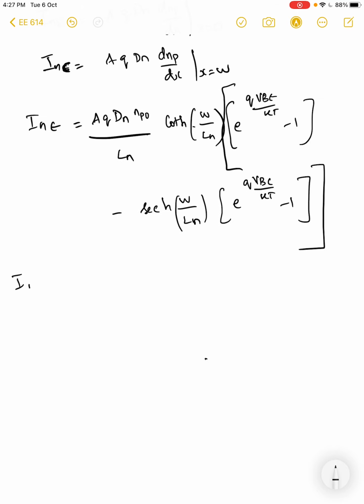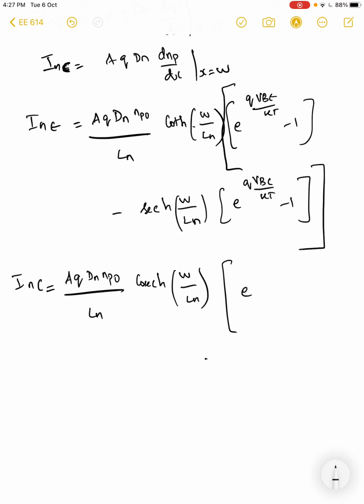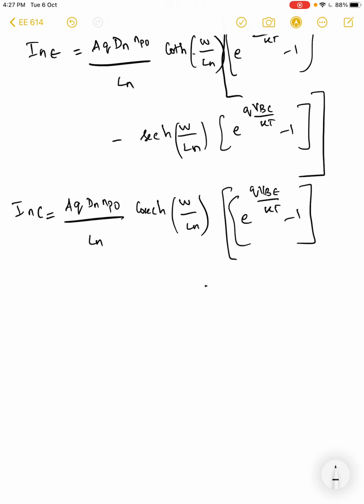Similarly, I get INC to be A q Dn np0 by Ln, cosech(W/Ln) multiplied by (e^(qVBE/kT) minus 1), minus coth(W/Ln) (e^(qVBC/kT) minus 1).